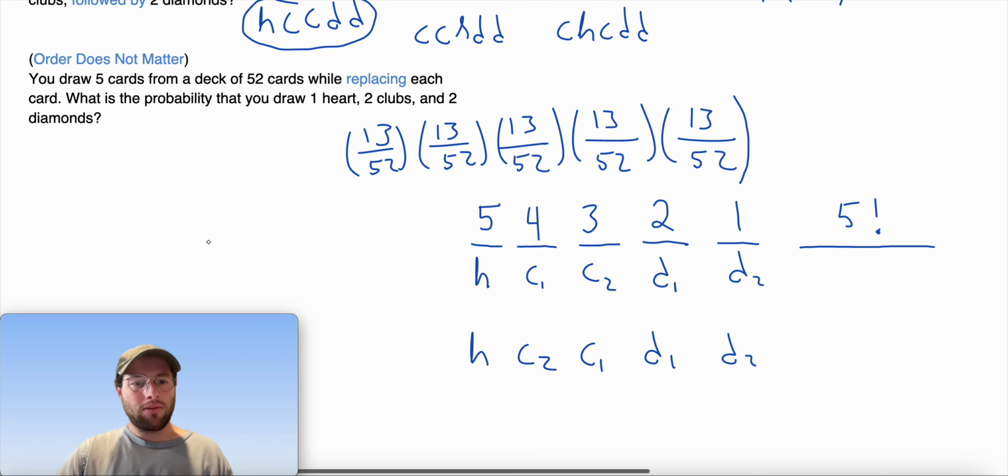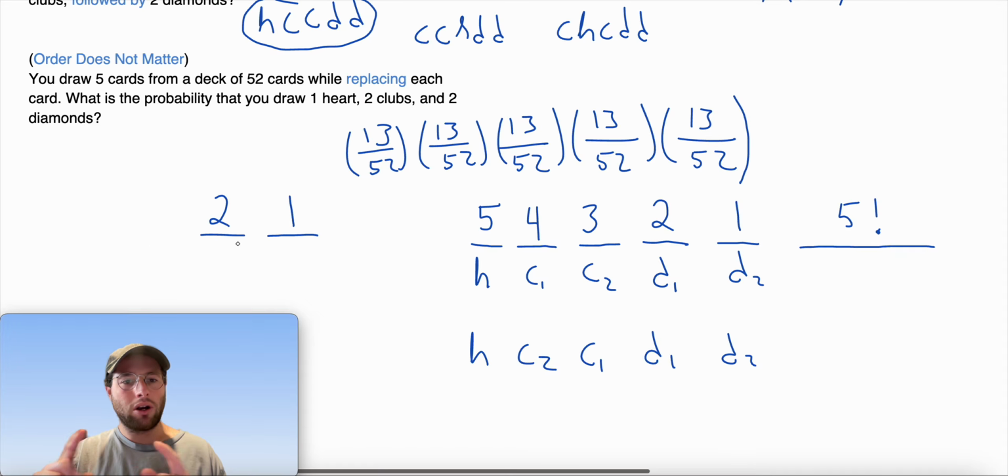If we have 2 cards, what are the different ways that I can arrange these 2 cards? Well, I have 2 cards in my hand, and so for the first slot, I have 2 options. Now I only have 1 card in my hand, so I only have 1 option left. So the possible number of ways to rearrange 2 cards would be 2 factorial.